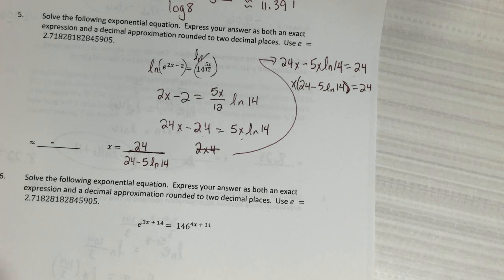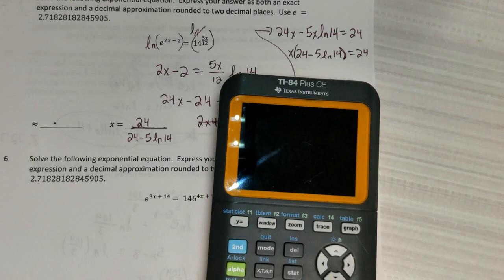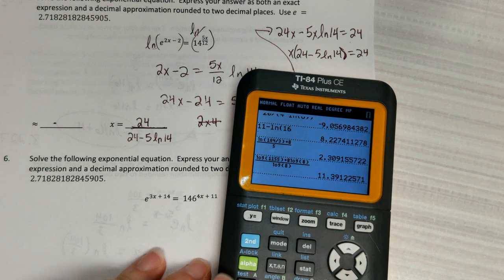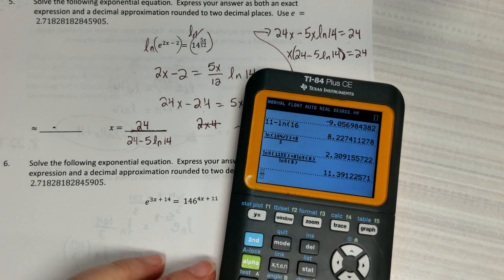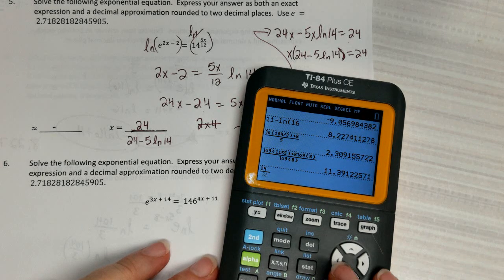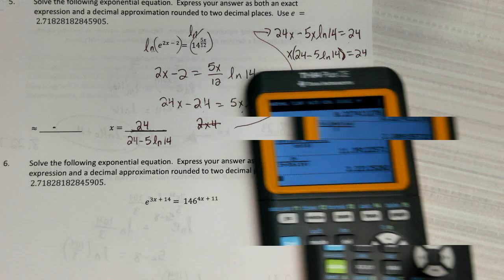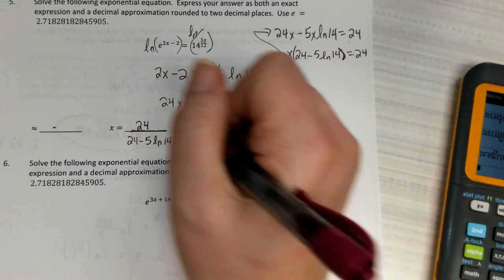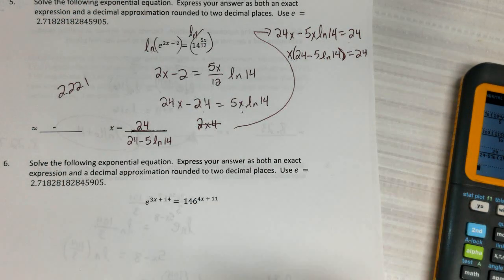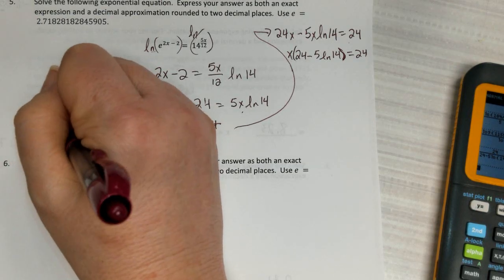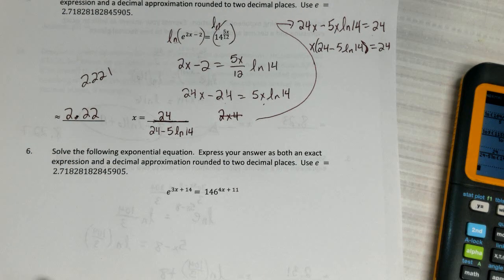And then I just type it in my calculator, get the decimal approximation. 2.221. Just showing you that I'm rounding it from that. 2.22. Okay, any questions?